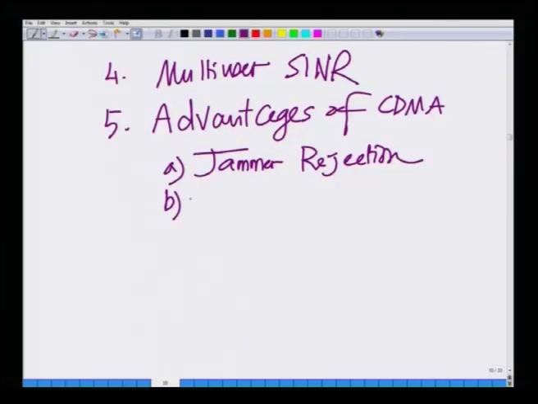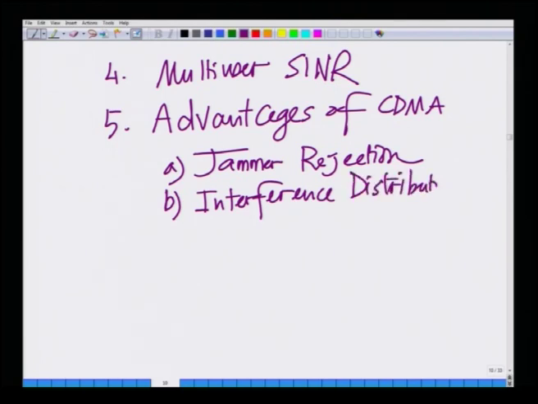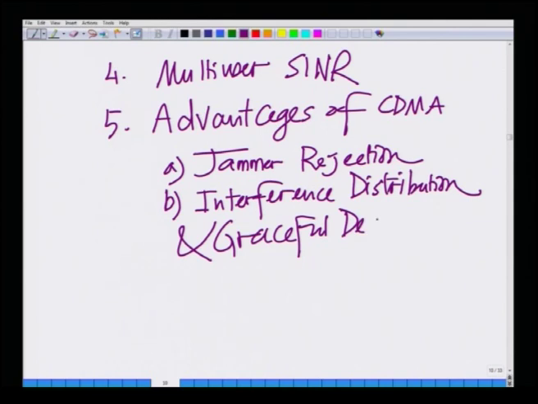CDMA also helps in interference distribution and graceful degradation, which leads to universal frequency reuse.